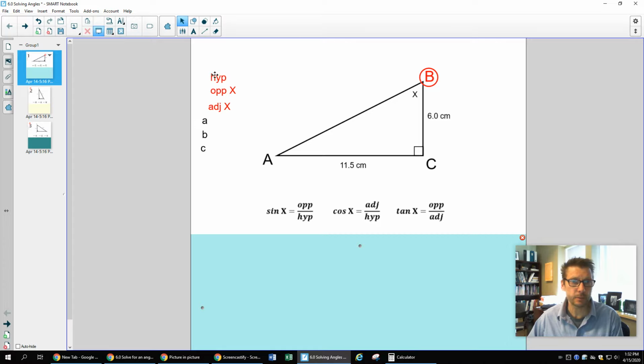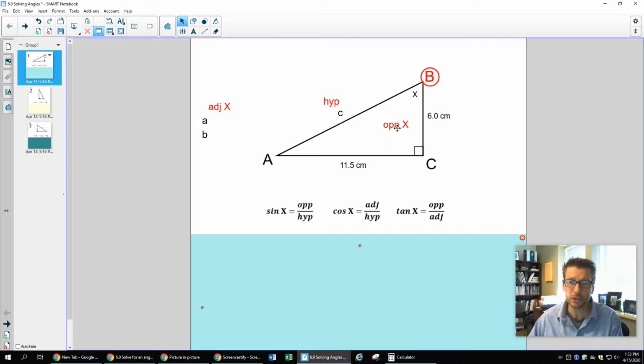So like we did in the other parts, we're going to make sure we know how to label. Opposite the right angle is always the hypotenuse. Now my hypotenuse doesn't have a number with it. So again, like we just said last time, we don't want him to feel too sorry for himself. So we want to make sure that big C, the hypotenuse, can be referred to as little c. And here's my angle B. So I want to go opposite of B, which I'm calling opposite of x because we're talking about angle x.